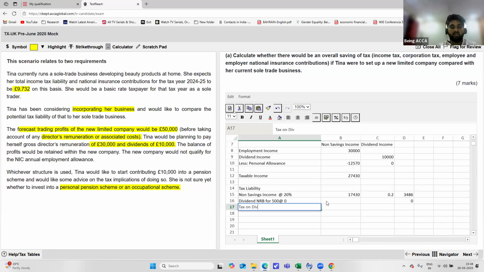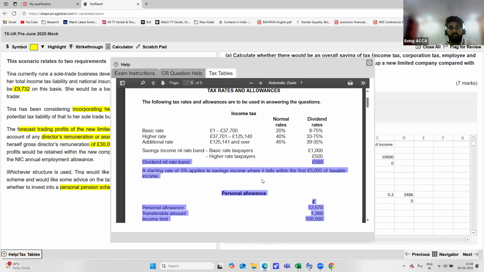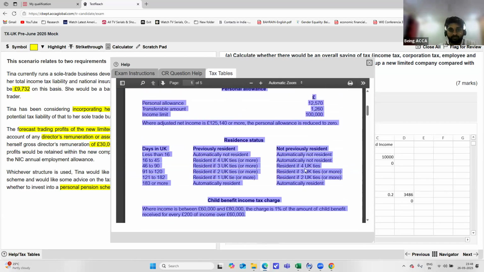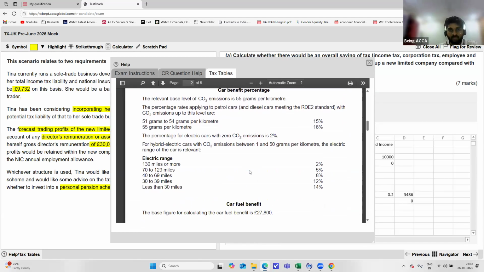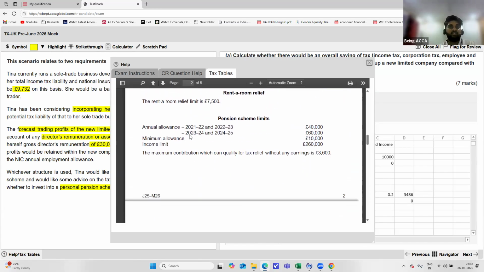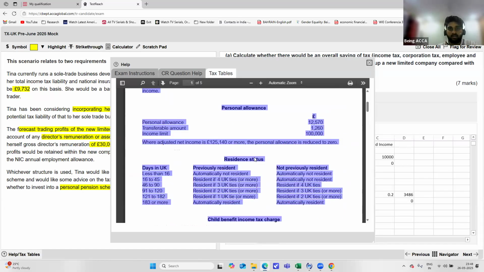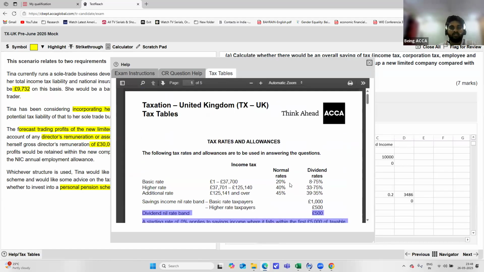Now for the remaining dividend income, tax on dividend income on remaining 9,500 will be at, let's have a look at the tax tables again. So if you can see, the income tax is taxed at 20, 40, and 45, but the dividend income, trust me guys, when I was preparing for my exam, I did not even look at all the things that would be provided in the exam, because you tend to forget things at that point of time. So here you can see it is 8.75%. Since Tina is a basic rate taxpayer, it will be taxed at 8.75 only.